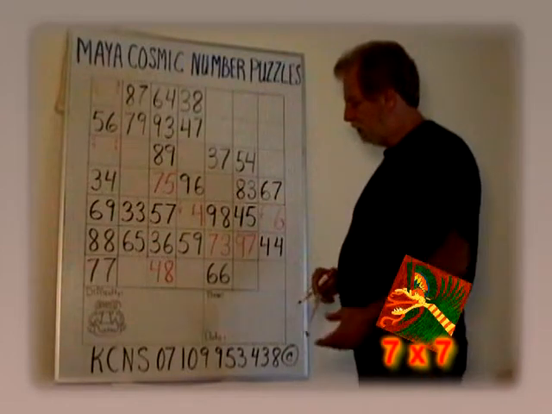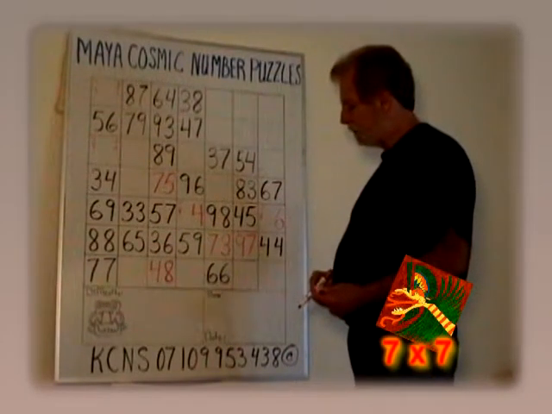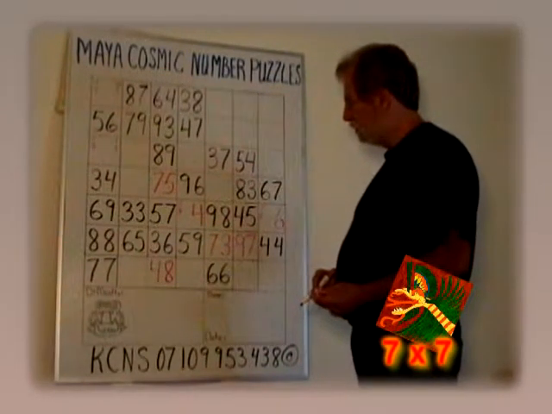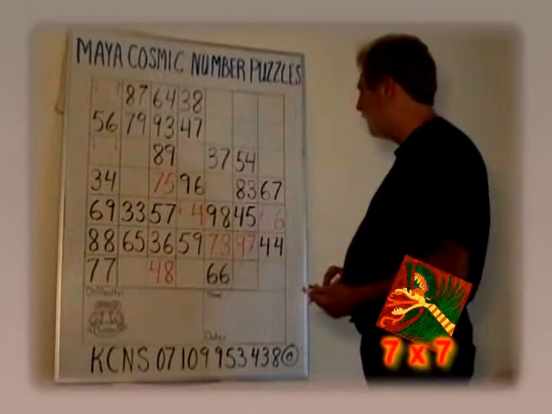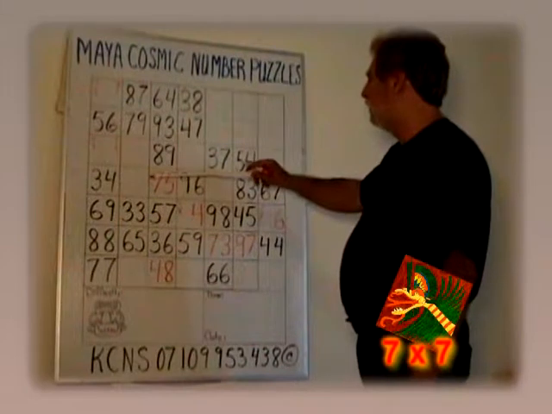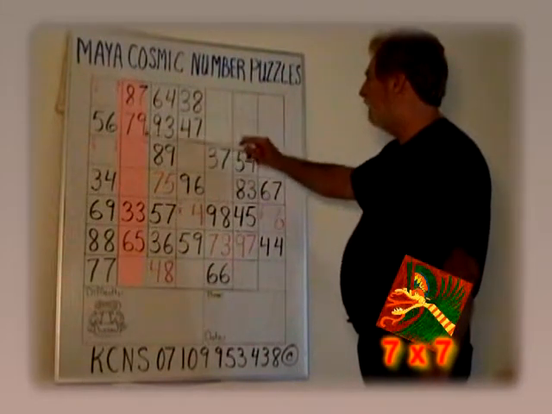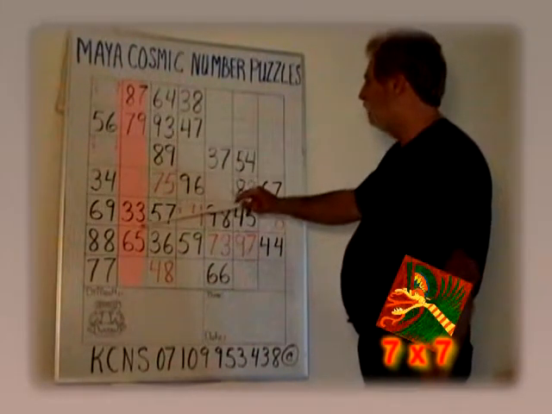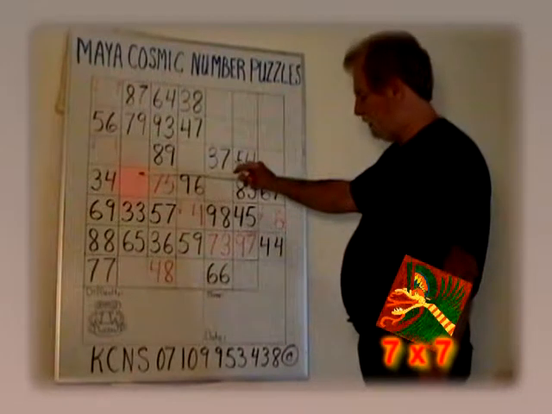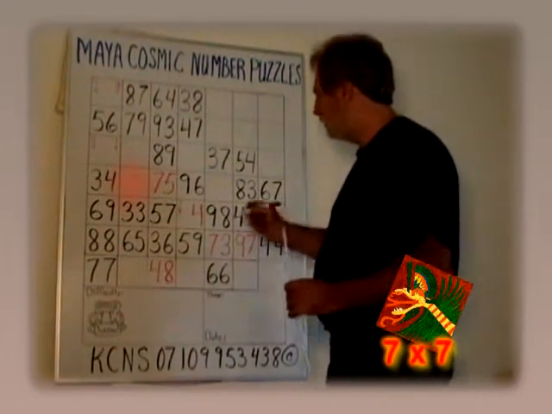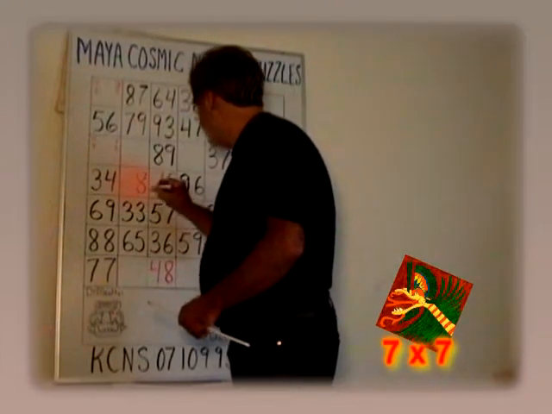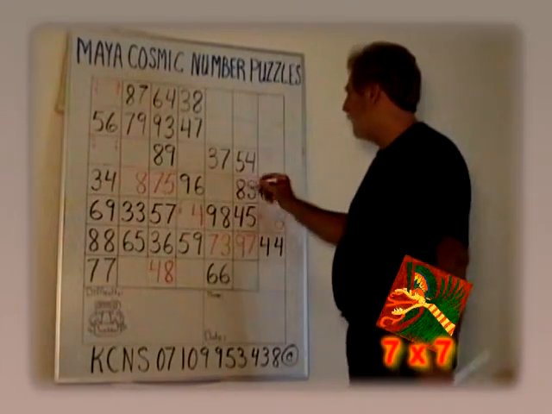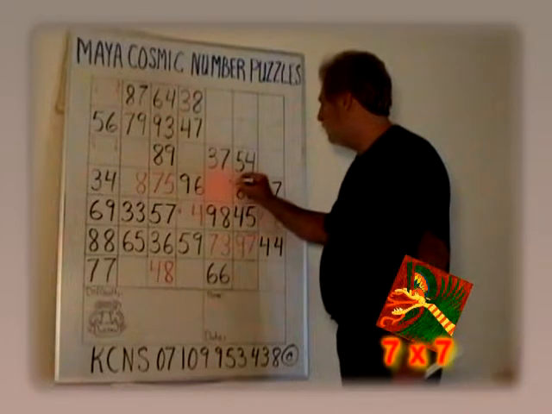So we are missing both an 8 and a 9. We have a 9 in this column, so that means that only the 8 could go here. And if the 8 goes there, then only a 9 can go here.